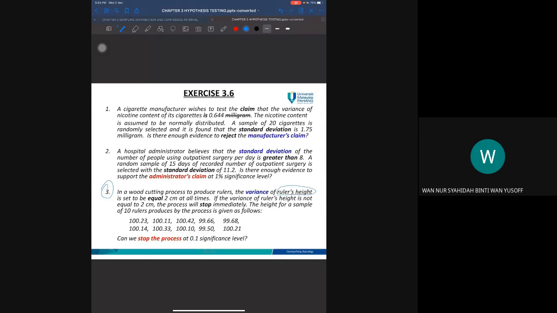This is your variable. If the variance of the ruler height is not equal to 2, the process will stop immediately. The height for a sample of 10. So this is sample data. Everything that you calculate will produce a statistic. Can we stop the process at 0.1 significance level? This is what we need to answer, this is what we need to conclude.